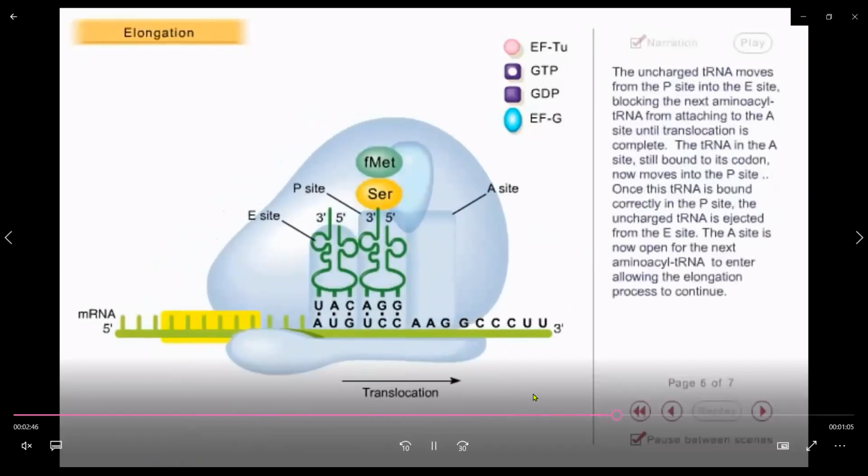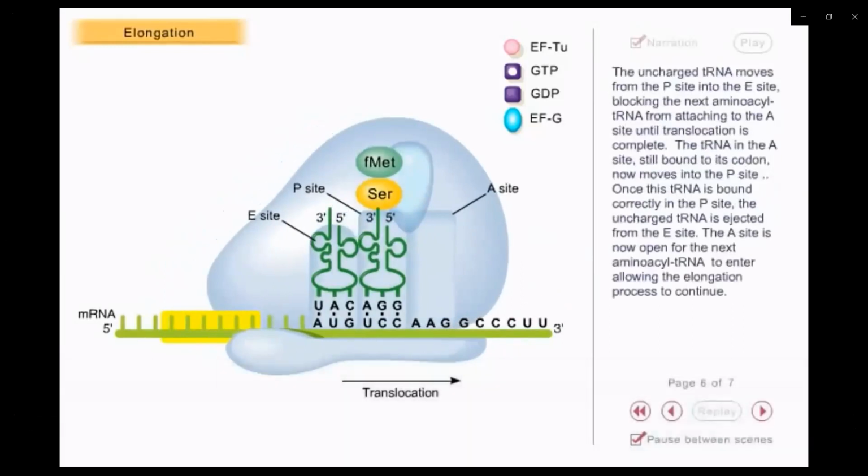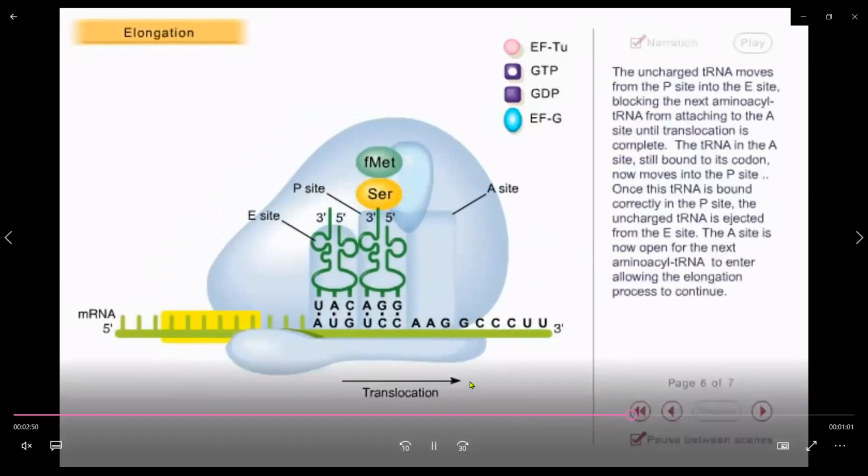Okay, so as I said, the moment the ribosome moves one codon, we have the uncharged tRNA on the E site, the tRNA with the growing polypeptide on the P site, and we now have again a vacant A site. So this A site is now again open for the entry of a new tRNA.